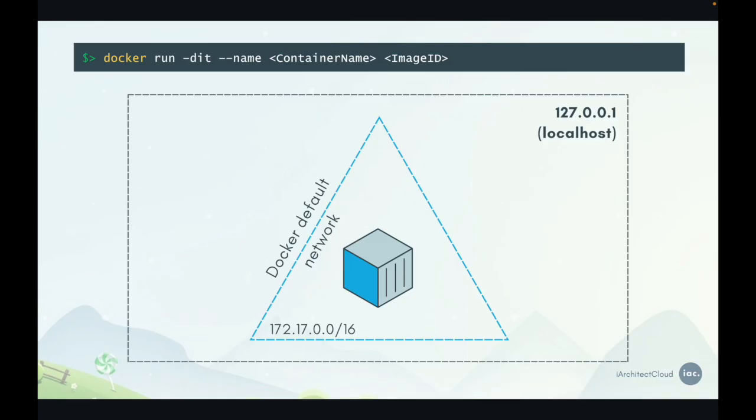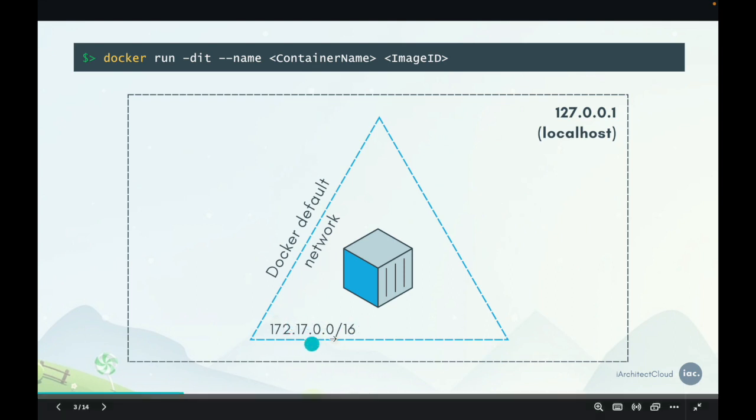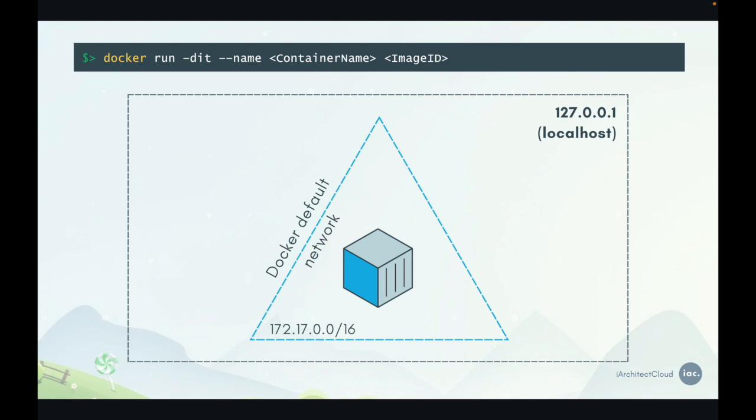When you start a container, if you do not specify any network details along with your docker run command, your container will be assigned to the Docker default network. Docker has a default network which usually runs on the subnet 172.17.0.0 with subnet mask 16.